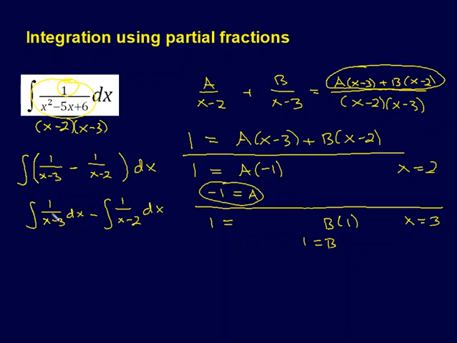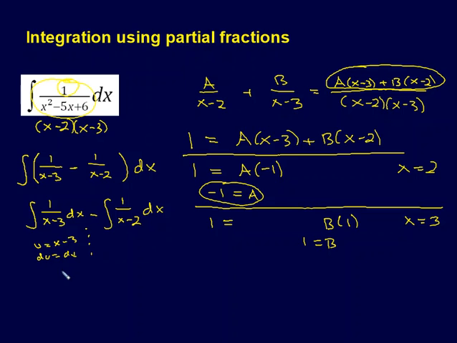So now each of these antiderivatives or integrals is going to be done with a u substitution. So in the first one, if you let u equal x minus 3, then du is dx.